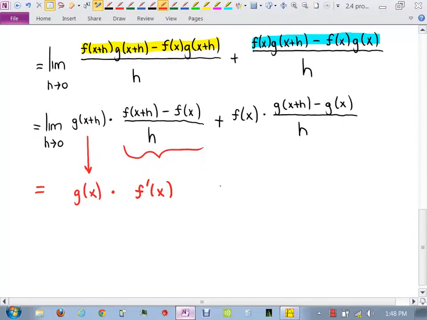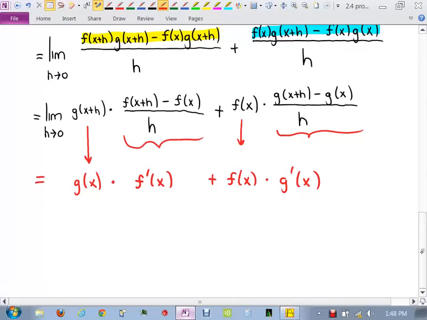Plus, okay, now what does f of x turn into if you let h go to 0? Just f of x. But what is this whole thing? That's the derivative of g, isn't it? And that, my friends, is the product rule.